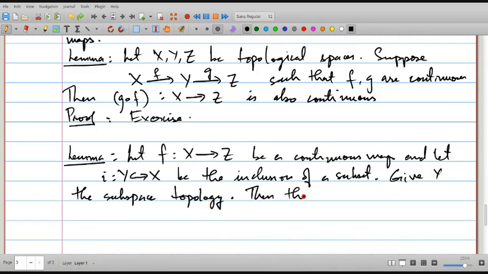Then the composite F compose I, also sometimes referred to as the restriction of F to Y, is continuous.